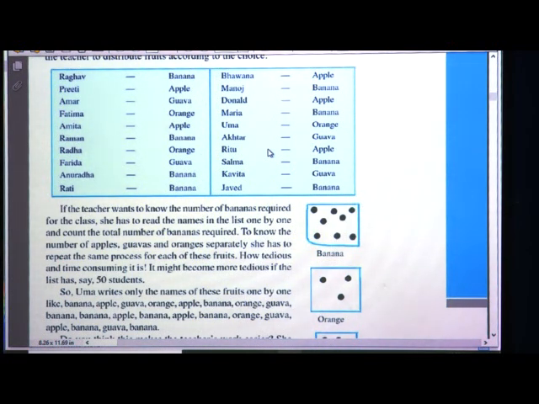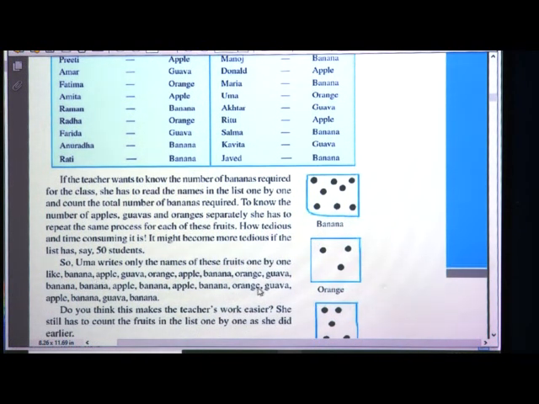Then in the next case, what did Uma do? Uma wrote the names of the students, and in front of each name she wrote the fruit liked by the student. This was the second method. In the third method, Uma wrote only the names of the fruits told by the students continuously.